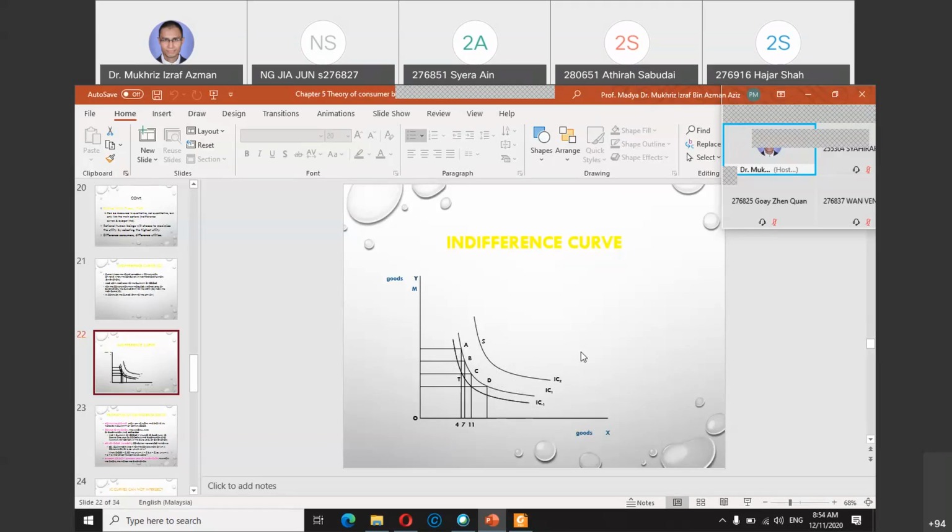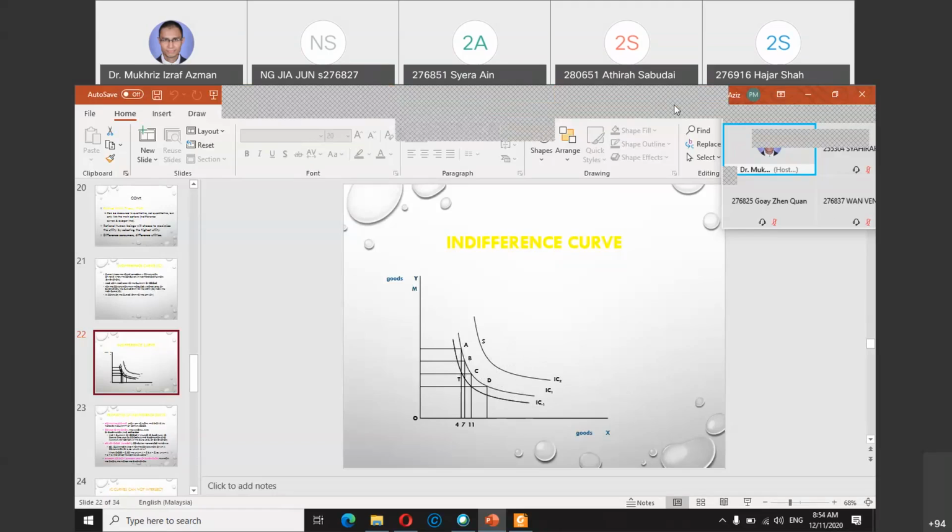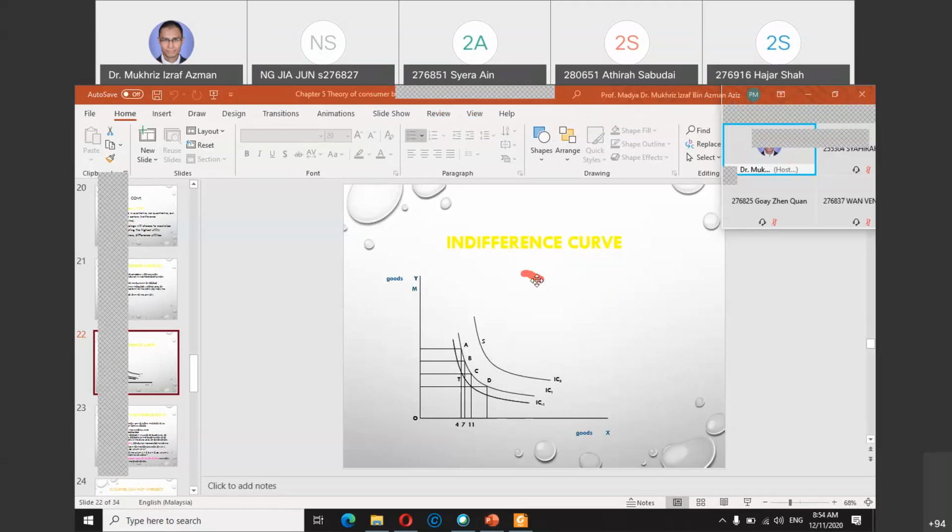The second one is the changes in the price of X and Y. You can move upward, or the indifference curve goes to the right, because your income increases. Let's say I denote my income as M. M is my income.